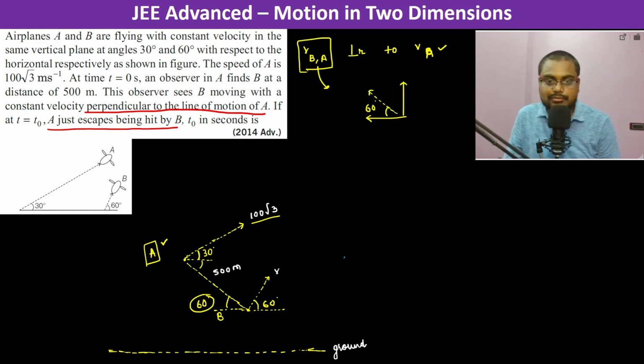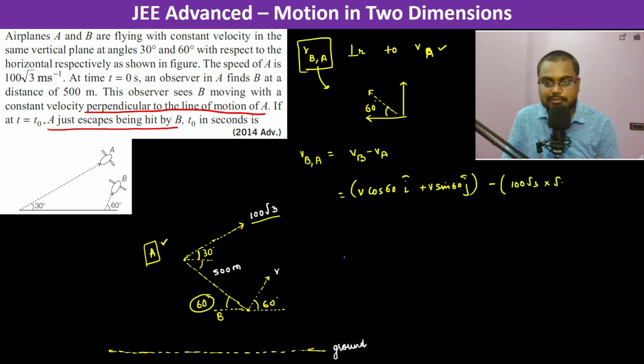Okay, so now we should write velocity of B with respect to A. This is going to be velocity of B minus velocity of A, which is V cos 60 i cap plus V sin 60 j cap, minus velocity of A, 100 root 3 cos 30 degree, which is root 3 by 2, i cap, plus 100 root 3 sin 30 degree, 1 by 2, j cap.